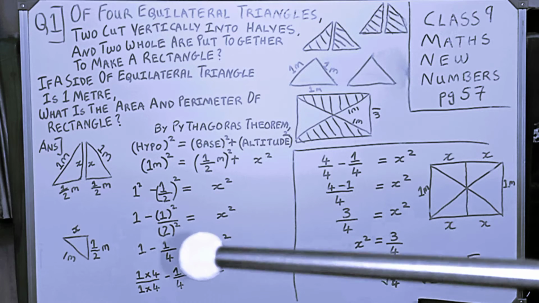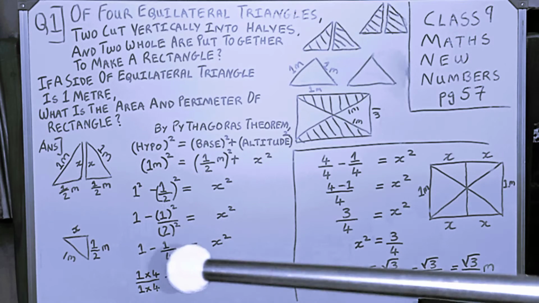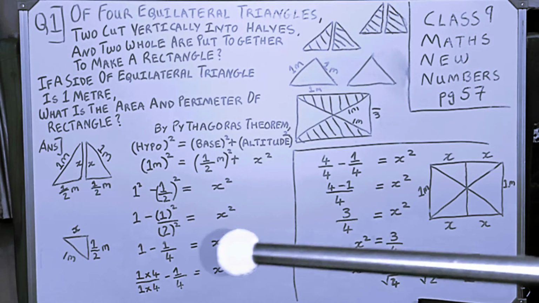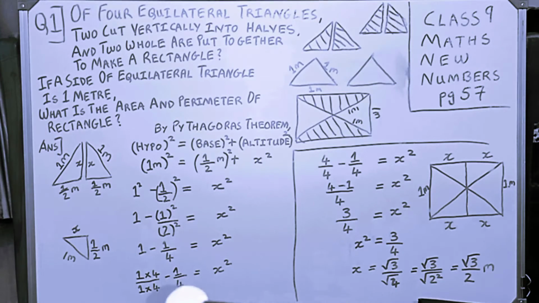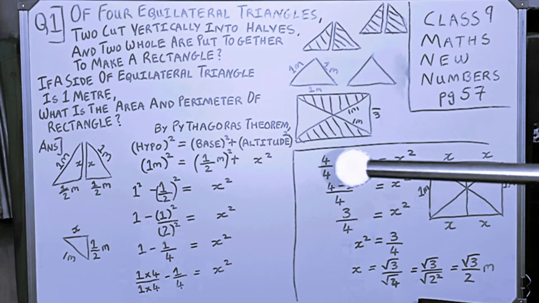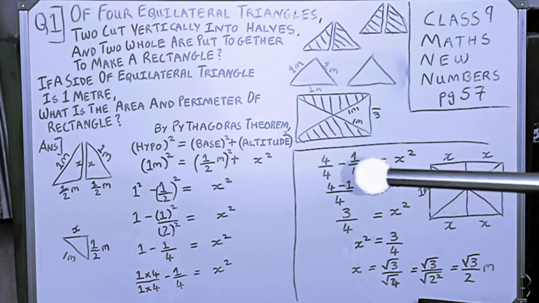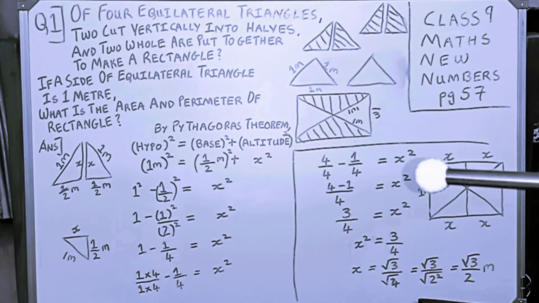So in order to make these two terms similar, we multiply the first term by 4 and divide by 4. So 1 into 4 is 4, and again the denominator is 4. So this term becomes 4 divided by 4 minus 1 by 4, and that is x square.